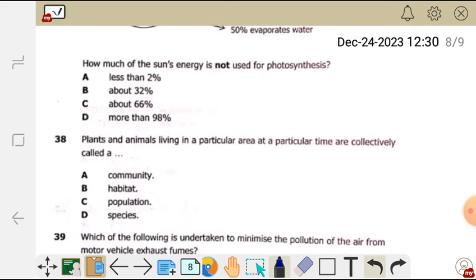Plants and animals living in a particular area at a particular time are collectively called a community. So community are plants and animals living in a particular area at a particular time. Collectively is called a community. So the correct answer there is A.